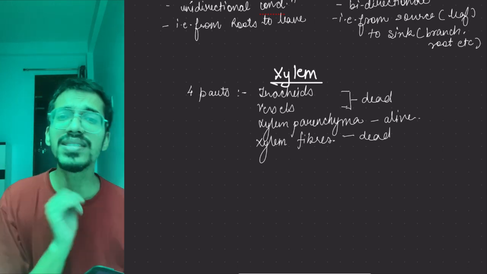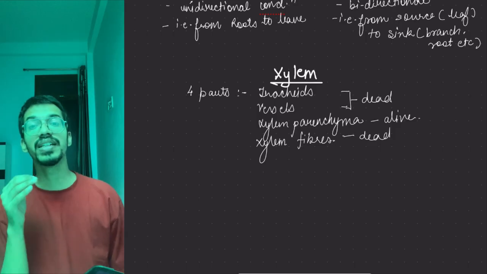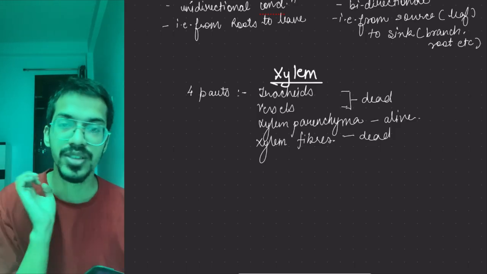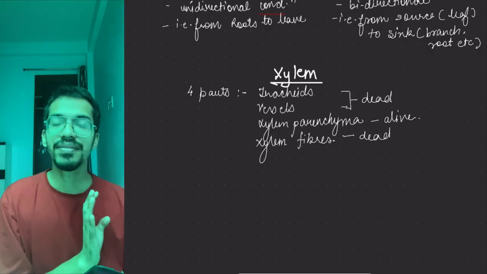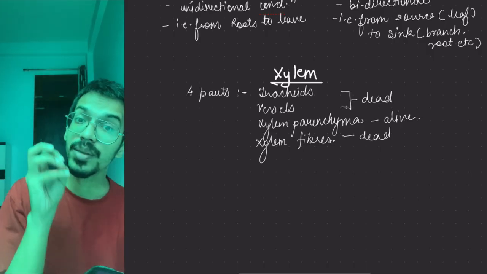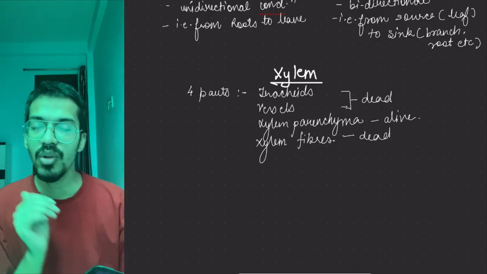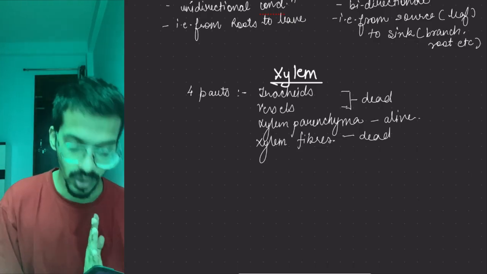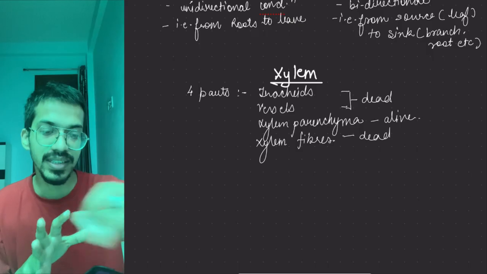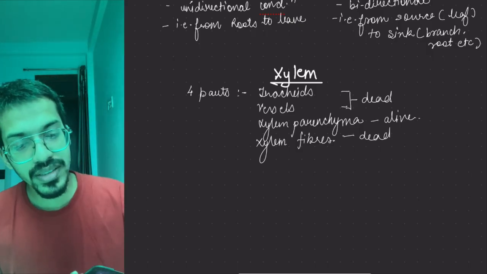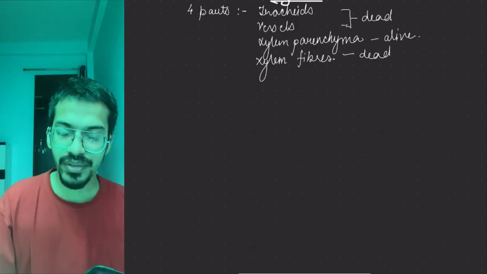The primary xylem does not contain fibers. Secondary xylem has fibers present in it. Further, primary xylem is of two types: protoxylem and metaxylem. Let's start with the four parts one by one.